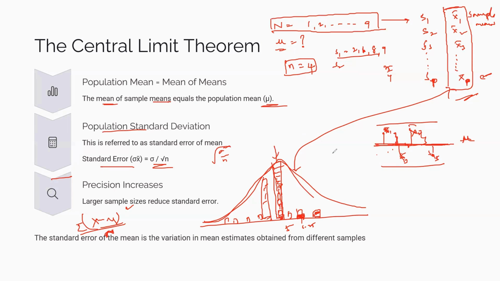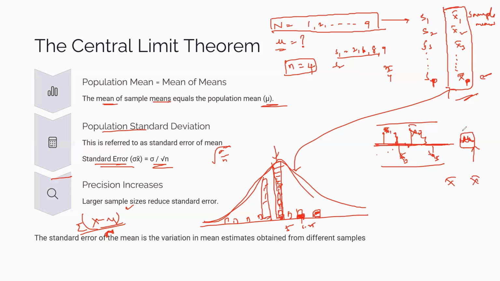This variation is called the standard error of the mean. Why? Because we are trying to calculate the mean, but to do that we are calculating a sample mean. On an average, all these different people calculating these samples will have some deviation with reference to your actual population mean.